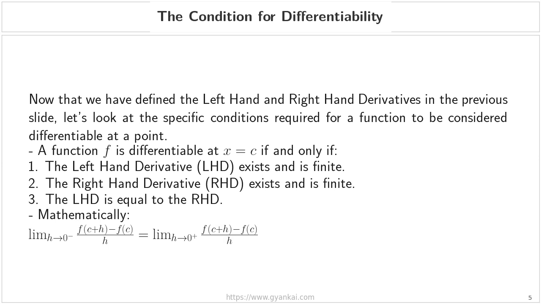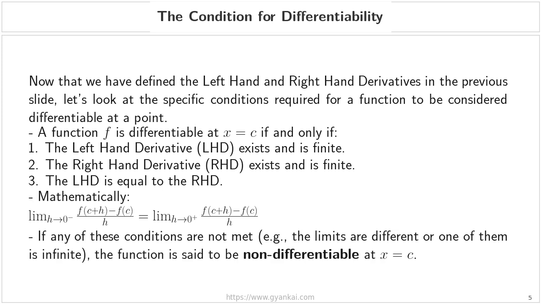To put this into mathematical terms, we are stating that the limit as h approaches 0 from the negative side of the fraction f of c plus h minus f of c, all divided by h, must equal the limit as h approaches 0 from the positive side of that same fraction. Essentially, the slope of the function as you approach the point from the left must match the slope as you approach from the right.